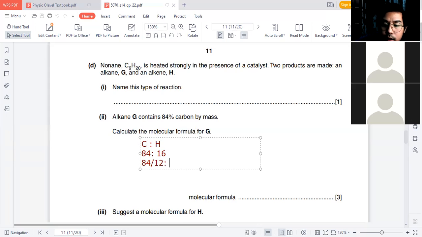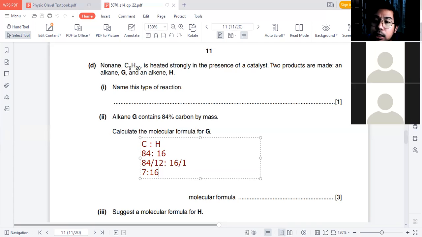then 16 by 1 for hydrogen. So here, 84 divided by 12 is 7. Then 16.